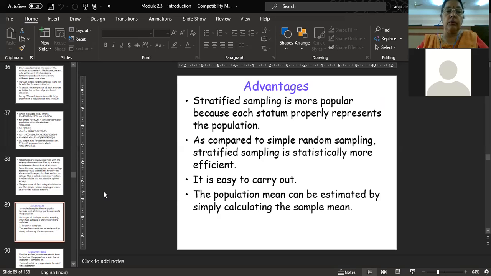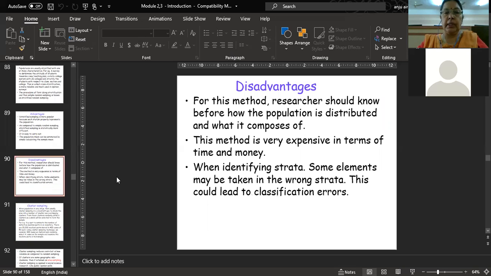So it is a more accurate way of taking a sample from the population, a more efficient way. So it is easy to calculate and it is easy to take out a sample, which is a more precise sample, by using this stratified random sampling technique.